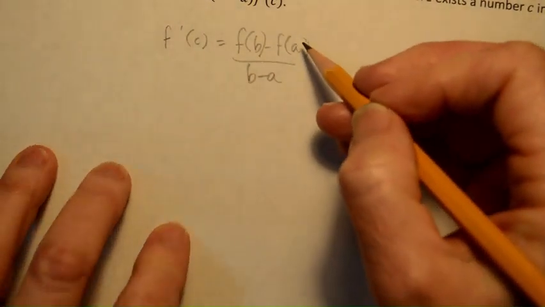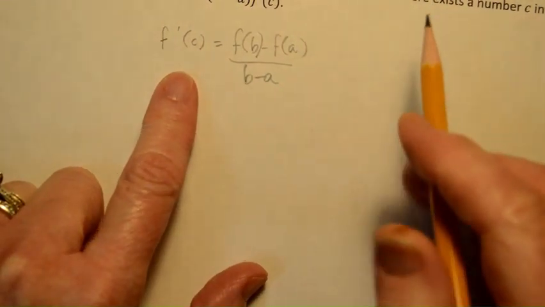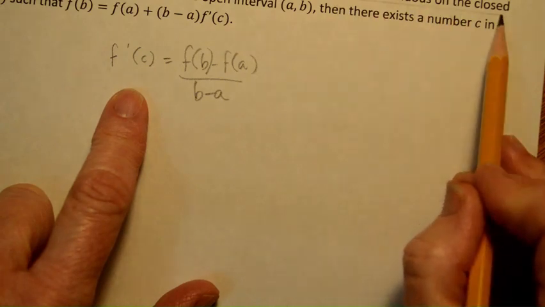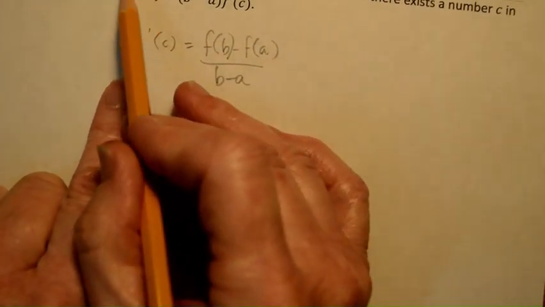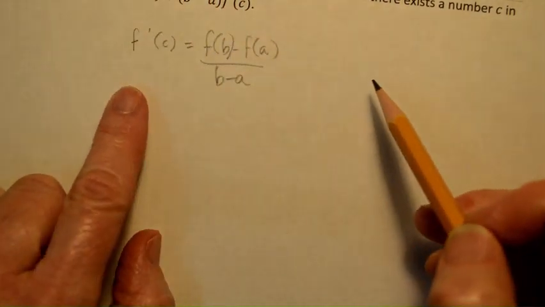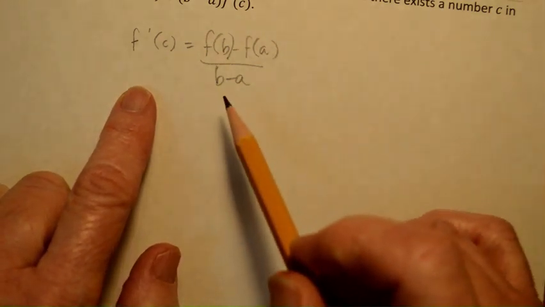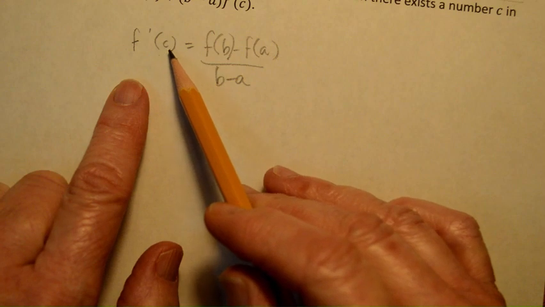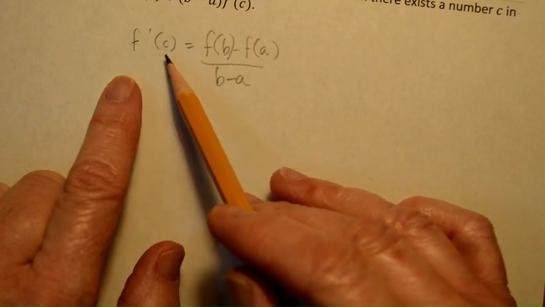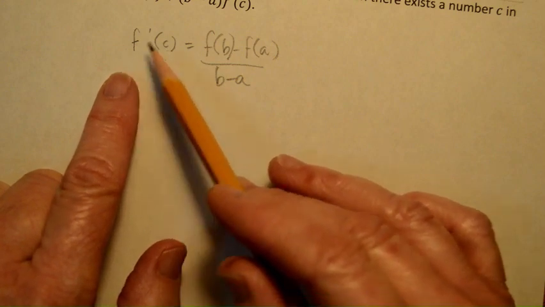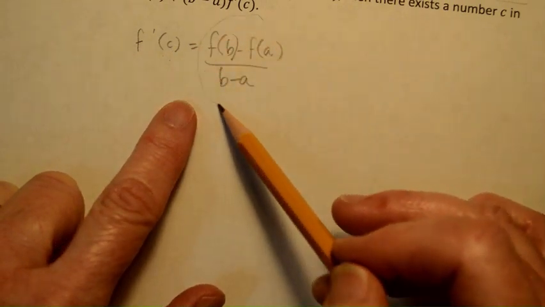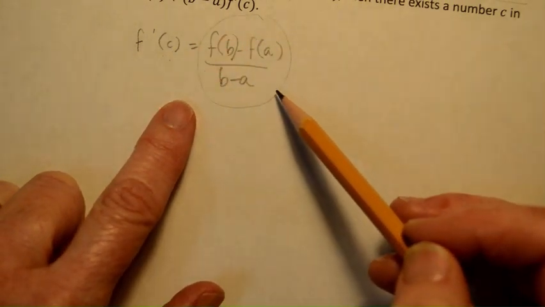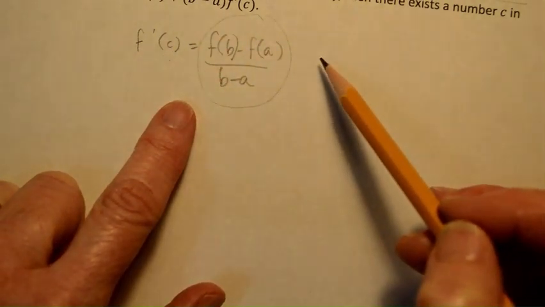All right, that's what we said was required. We have these conditions: f is continuous on the closed interval and differentiable on the open interval. Then at some point in that interval, there must exist a point c such that the instantaneous rate of change, or the slope of the tangent line, must match the average rate of change, or the slope of the secant line.